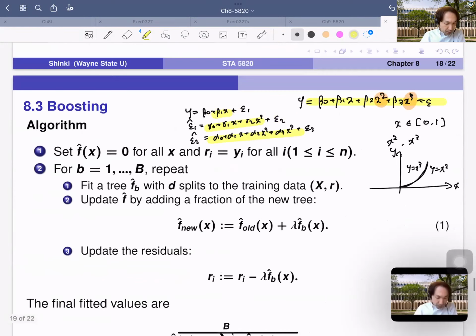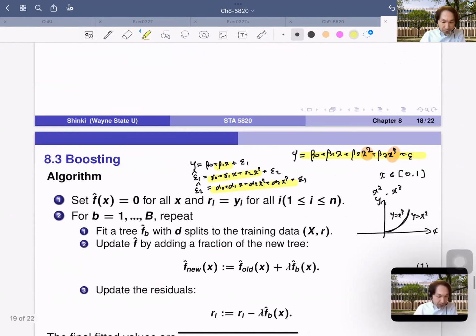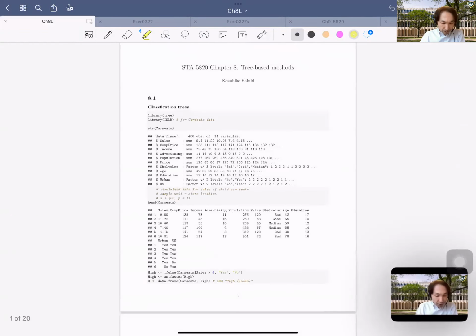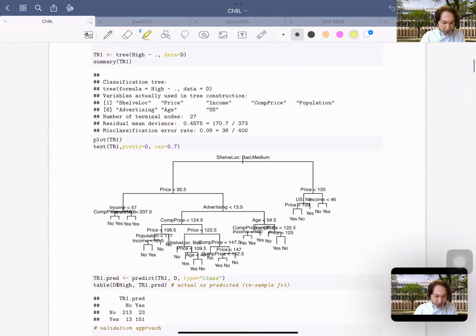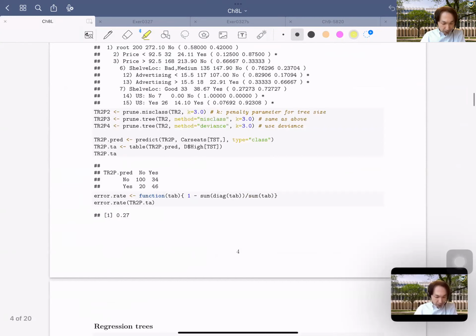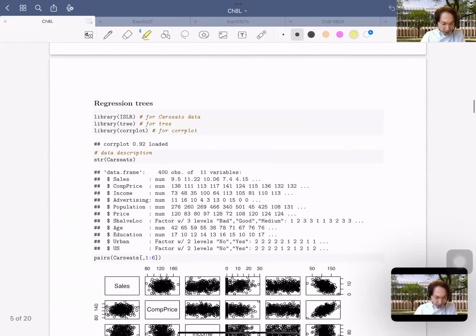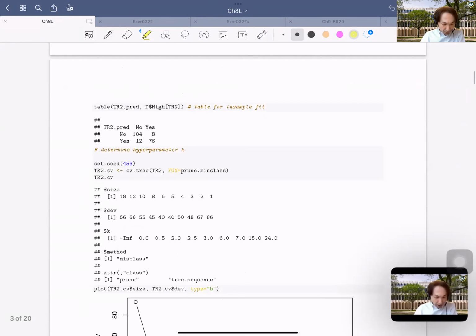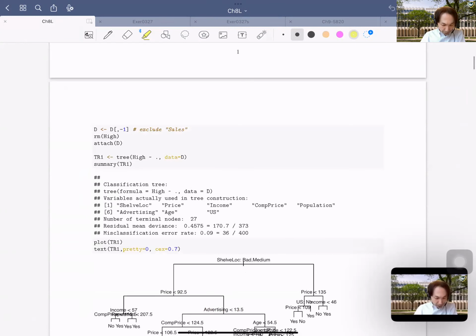Okay, so these are the bagging, the random forest, and the boosting. Last time we did the regression trees and the classification trees, so we do the bagging and the boosting this time. And just a quick review on the performance of the 3 methods for the regression.